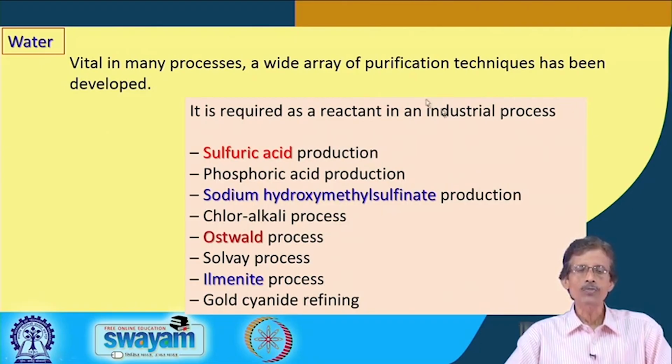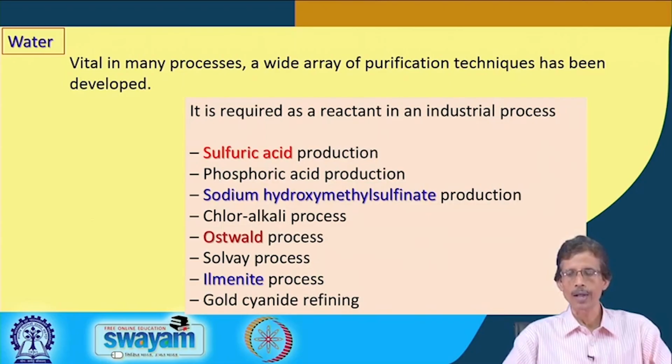The quality of the water molecule is very important for the production of sulfuric acid, because when we produce sulfur trioxide, that sulfur trioxide traps the water molecule, giving you H2SO4. What does it mean, therefore? That H2 from water, in fact the whole H2O molecule itself, is going into your sulfuric acid.